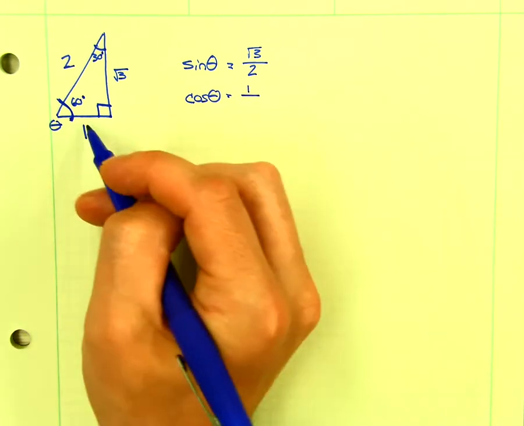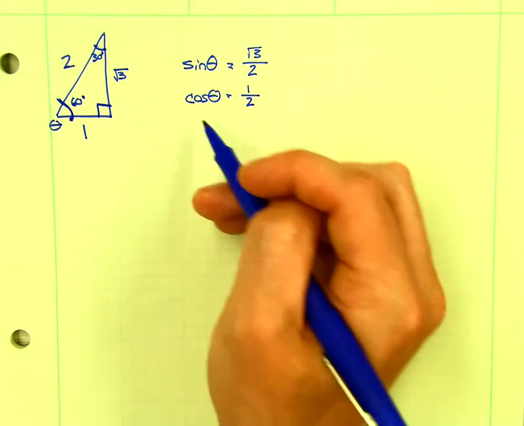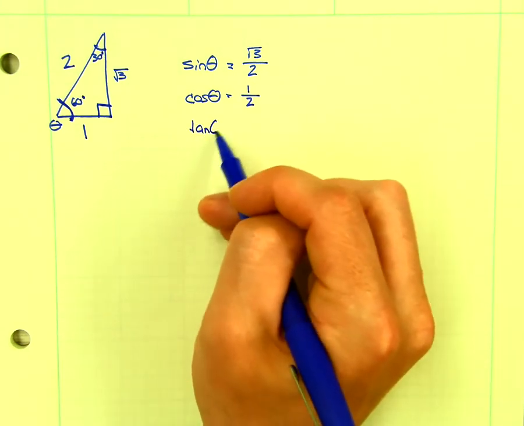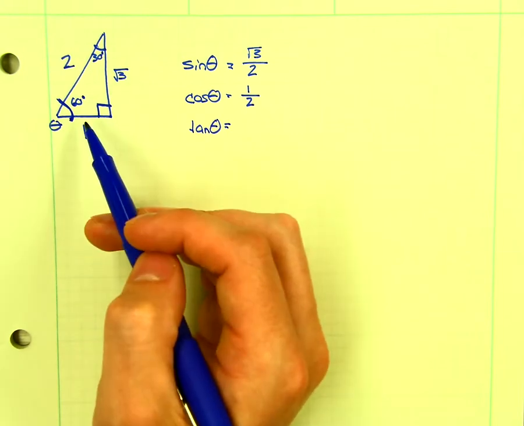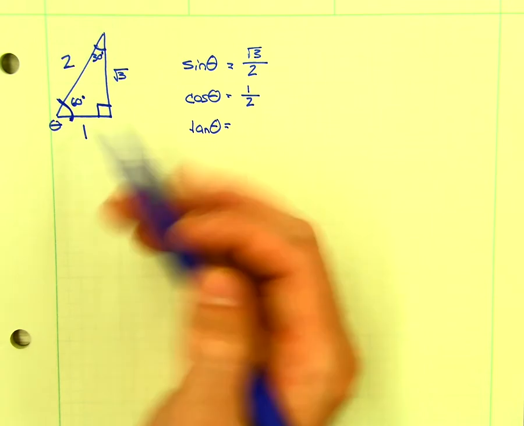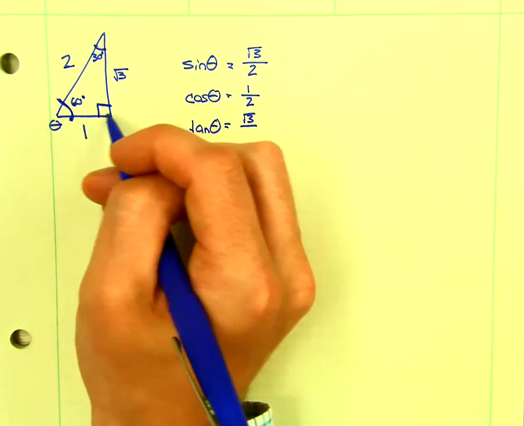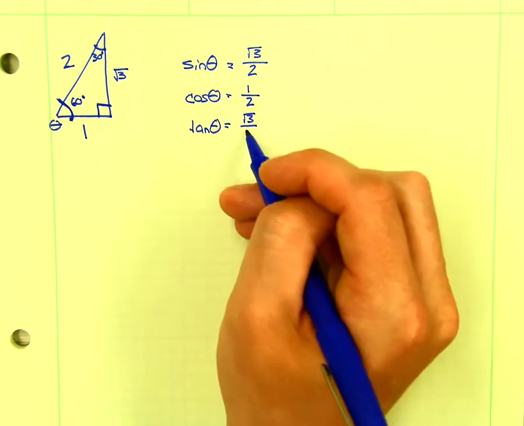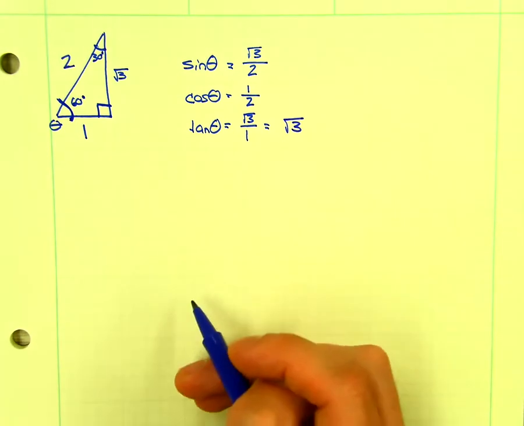So CAH, adjacent over the hypotenuse, 1 over 2. And now finally, to round it out, I've got the tangent of theta, and this is going to be the opposite over the adjacent, or TOA. So I've got the square root of 3 divided by 1, square root of 3 being the opposite, and 1 being the adjacent side to this angle right here. Square root of 3 over 1. Now make sure you reduce this fully to just square root of 3.